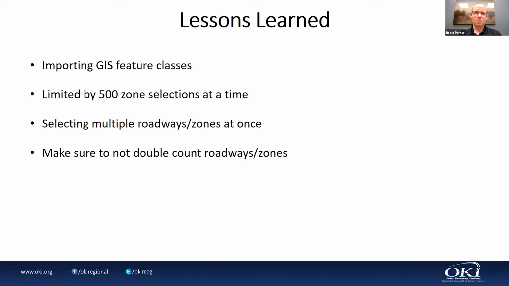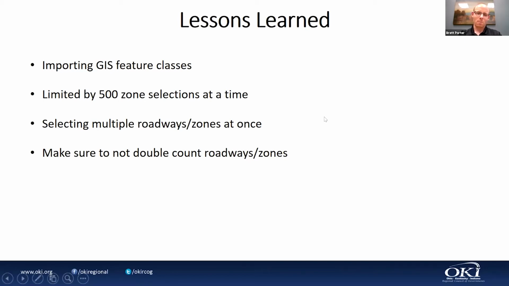The first one was, I was identifying roads on Google Maps, or I have a shapefile of the city of Oxford city limit boundary, but I didn't know how to import that into StreetLight and overlay it over the map that I was using to select all the different zones or roadways.